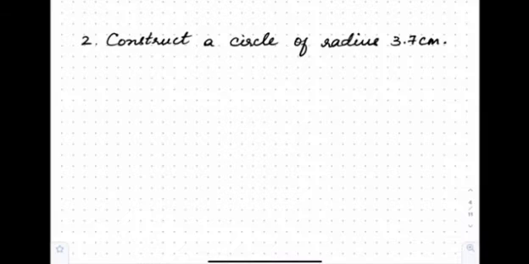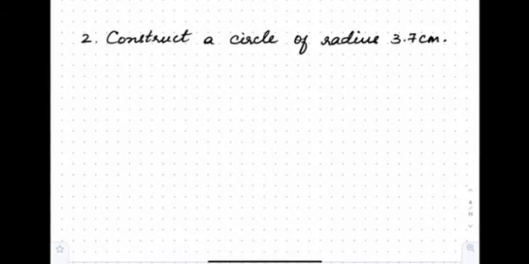Now, this is another problem which says construct a circle of radius 3.7 centimeters. The same procedure holds good, children. So we will take up a center as O. Then we will have to draw a line with 3.7 centimeters.